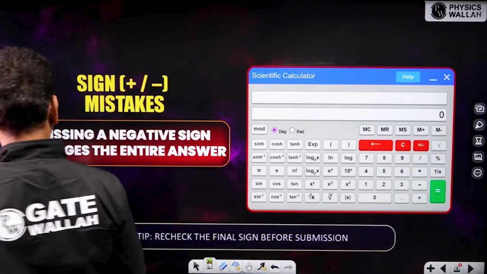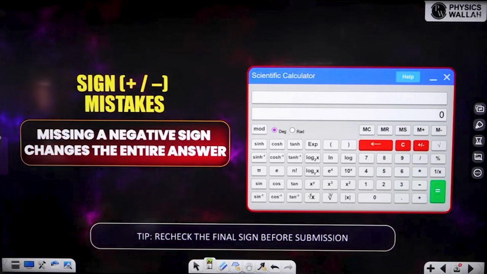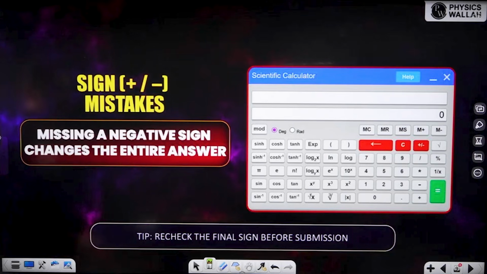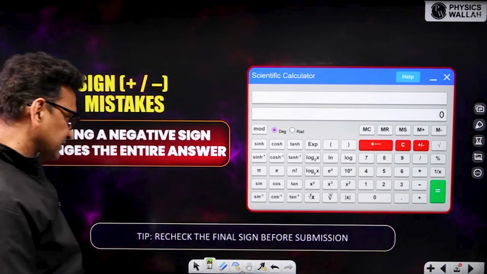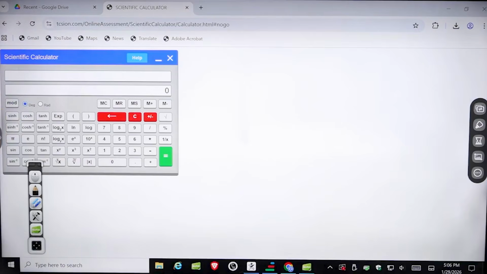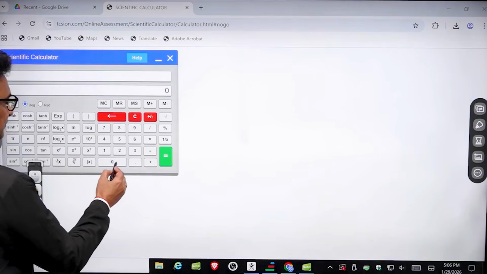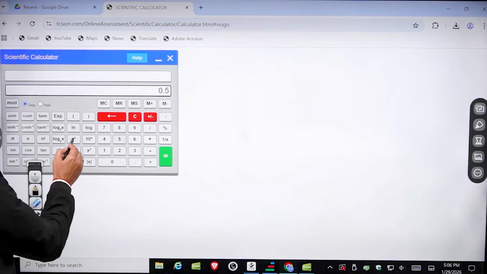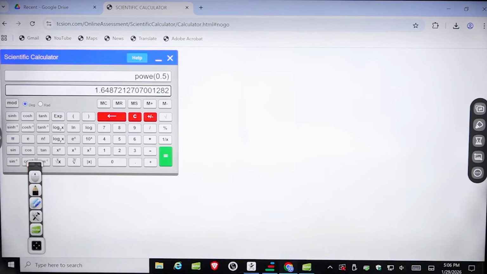This is also one of the simple mistakes that every student commits. They forget the sign, whether it's positive or negative. Missing a negative sign changes the entire answer. Suppose we have to find e raised to the power minus 0.5, but instead of taking the negative, I forget it and just press e raised to the power 0.5. I am getting the answer 1.64.